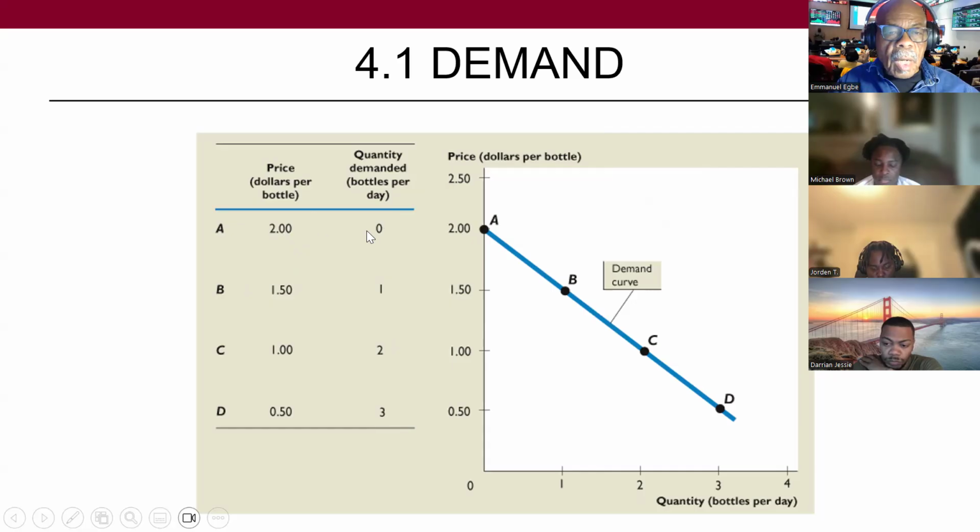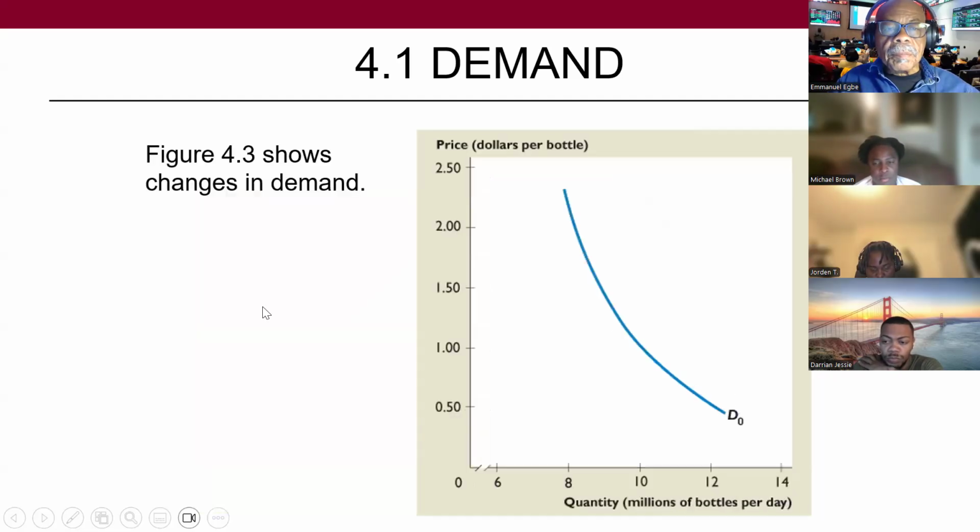Now, when the price is $2, nobody wants to buy anything. When the price is $1.50, 1 unit is bought. When the price is $1, 2 units are bought. And when the price is 50 cents, 3 units are bought. So the law of demand simply shows that the higher the price, the lower the quantity demanded.